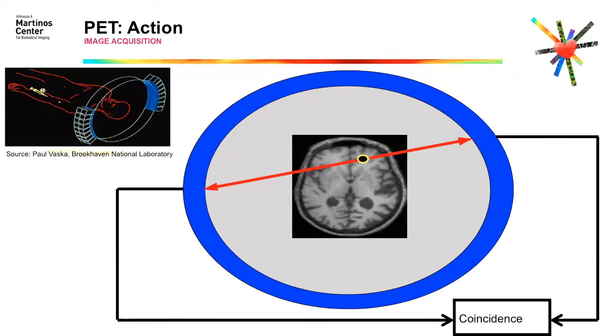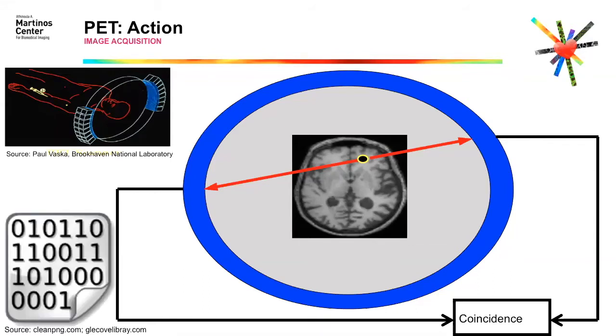This will happen millions and millions of times, and we will collect all these events in coincidence. And that's what is called raw data on the scanner. It's collecting all these coincident events on time, so taking the time as a stamp and saying which detector was paired to which detector at which time.